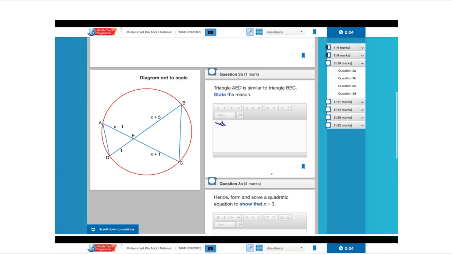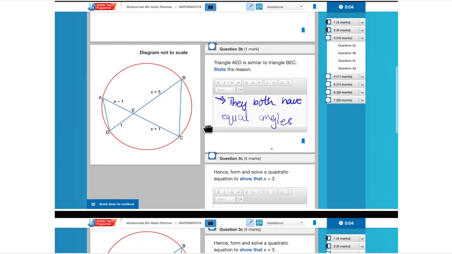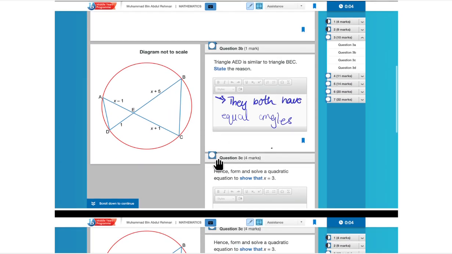So we can say that they both have equal angles. Okay, that's going to be sufficient. It's a 1 mark question, so it's not going to ask for a lot of detail.